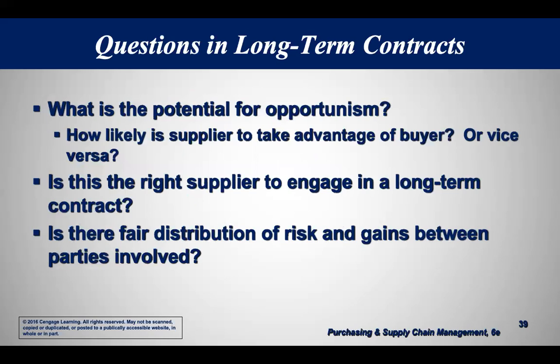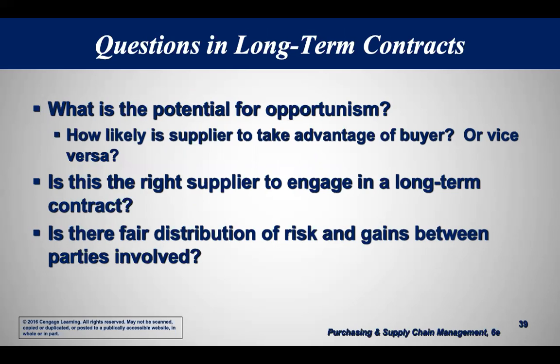However, there are some things that come up with long-term contracts. What they call opportunism here. So the supplier, you sign a long-term contract. Well, maybe, as I said, he may find another customer somewhere, and he'll sell to that customer rather than you, or come back to you and say, well, you know what?